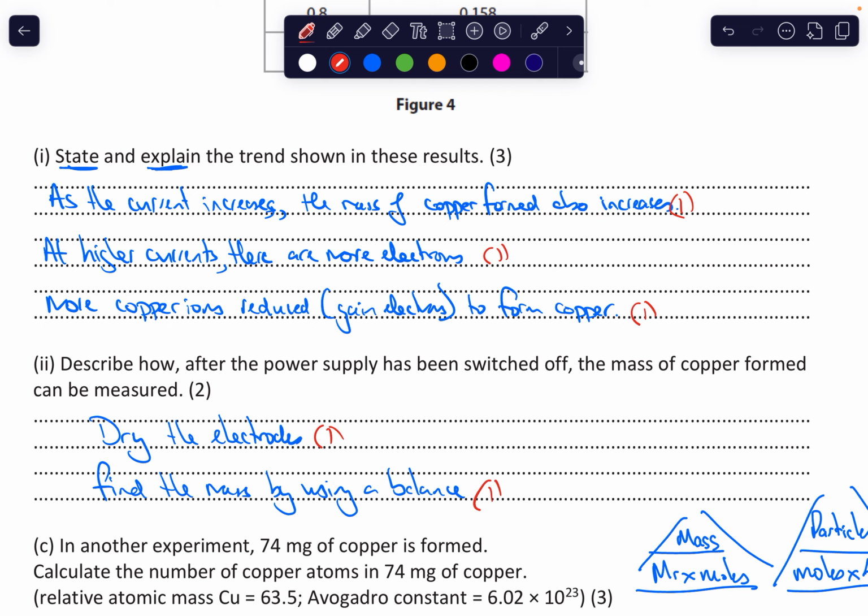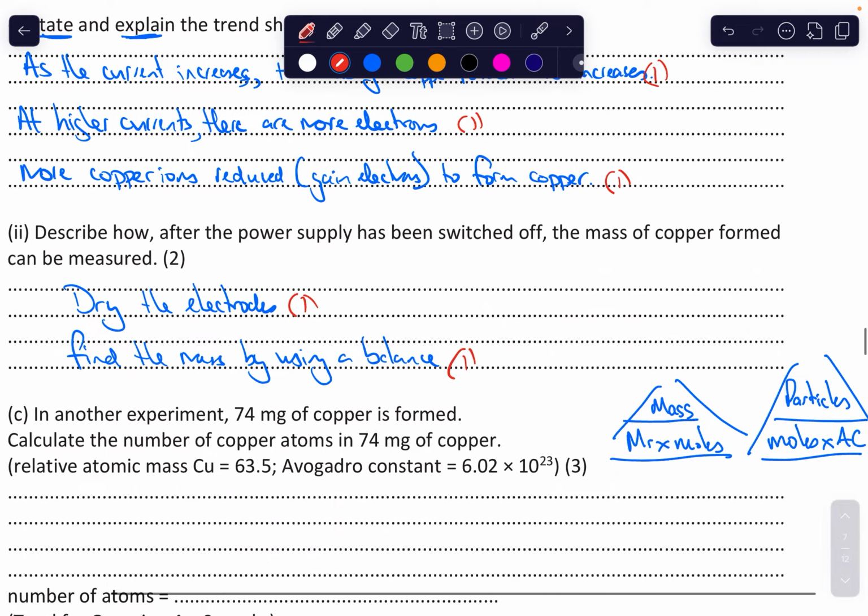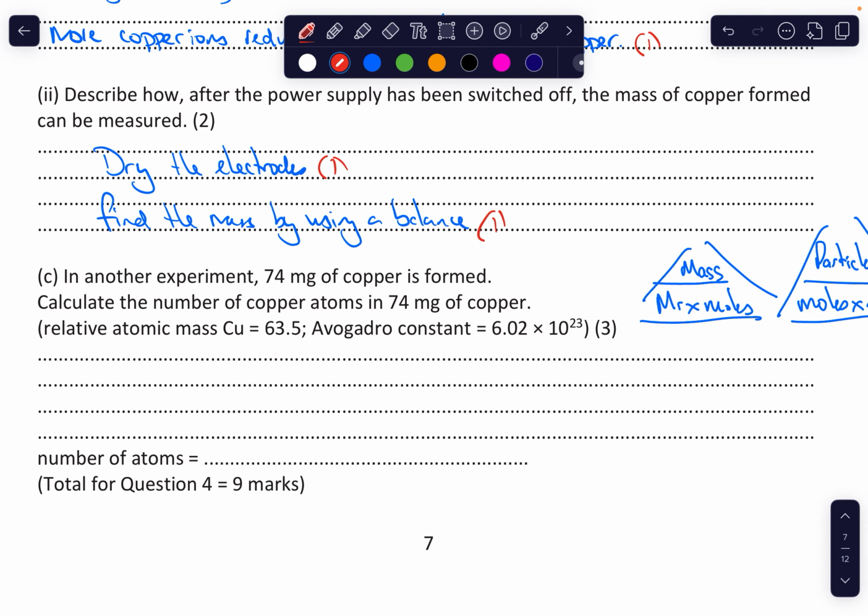Okay, next little bit is a calculation. I'm just grabbing my calculator to do it. And what it wants us to do here is, in an experiment, this amount of copper is being formed. Calculate the number of copper atoms in here. So let's think about the process first.